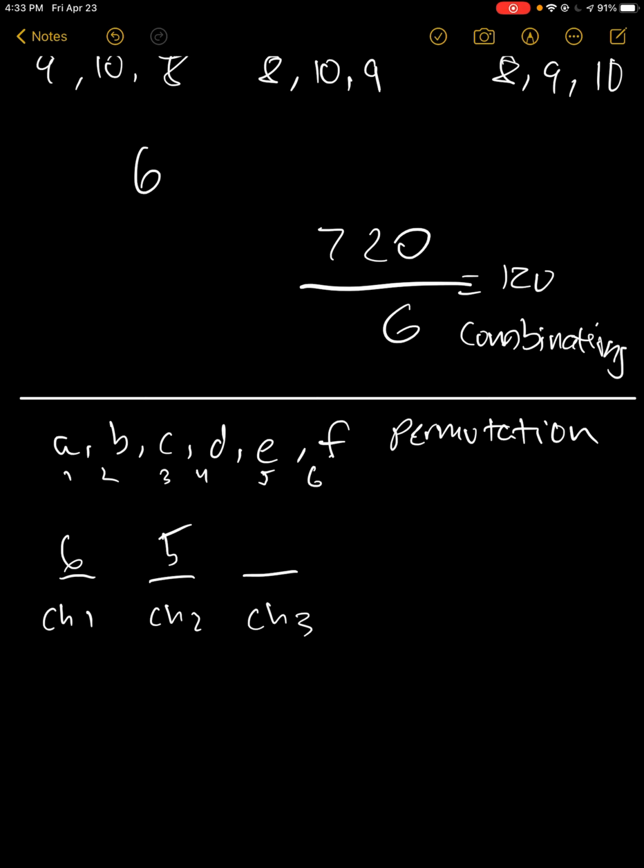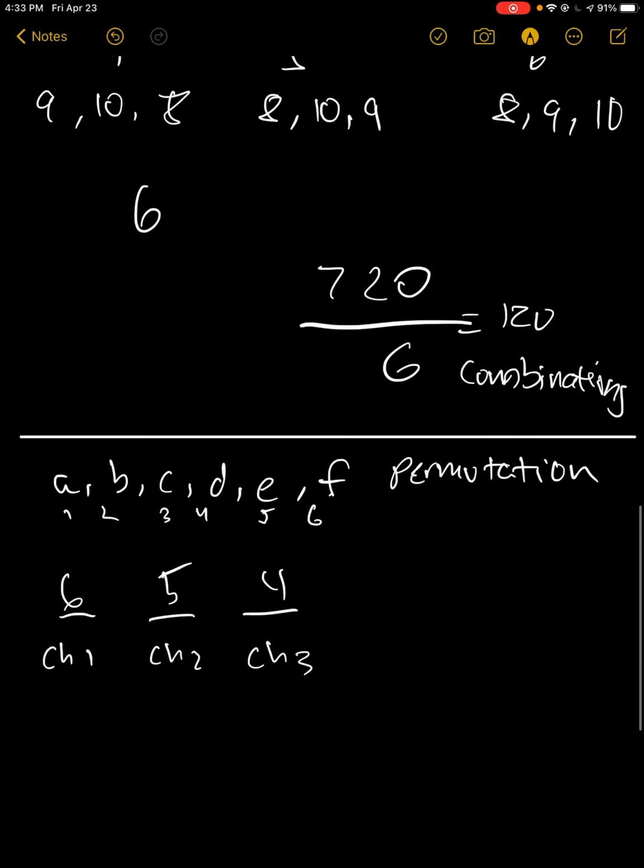And then that leaves us with 4 for the last chair, just like before, where order does matter. And we need to make sure that we're counting correctly here. So that would leave us with 6 times 5 times 4, which would give us 120 permutations.